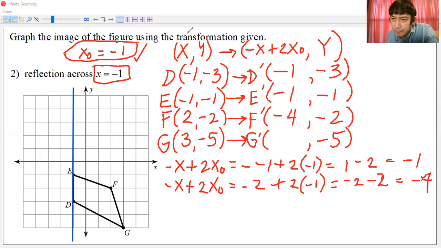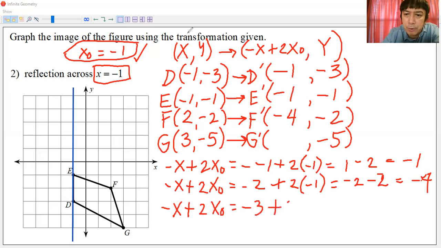All right. Now we will be proceeding to G prime. The same formula: -x plus 2 times x of 0. The x is now 3. So after the negative, we put the 3 plus 2 times -1. We have -3 minus 2. It's a -5.